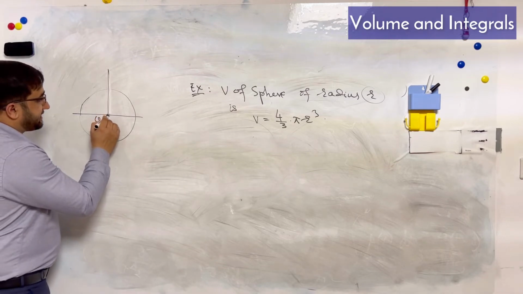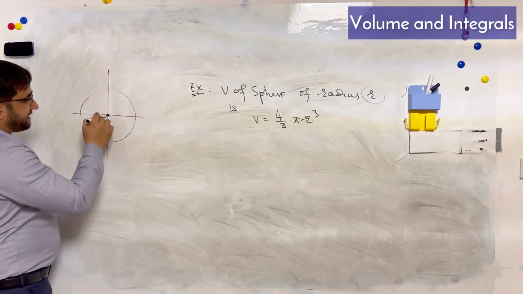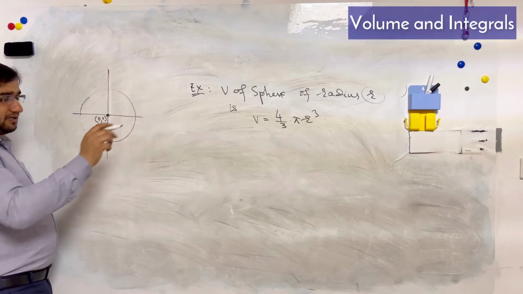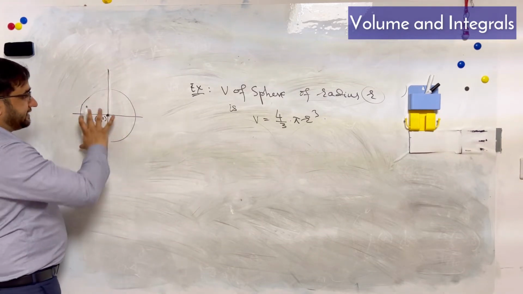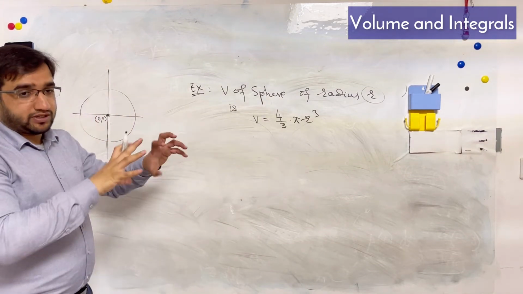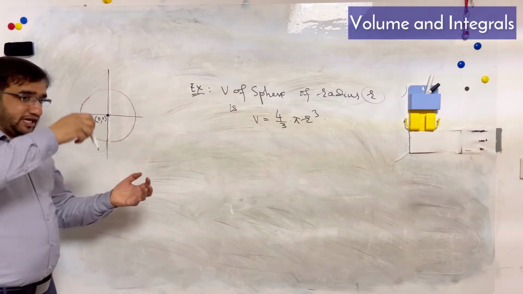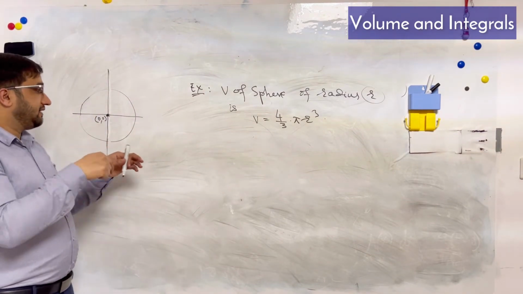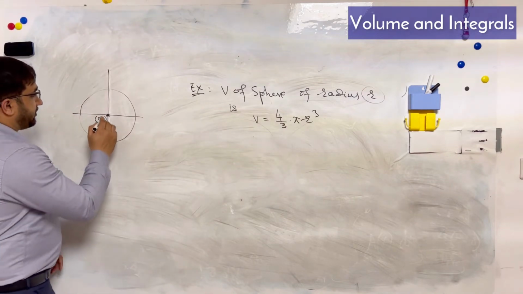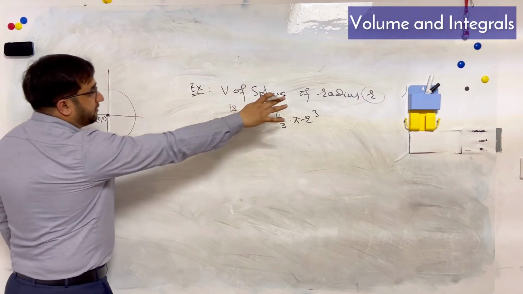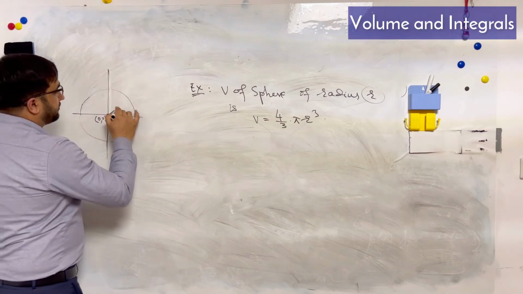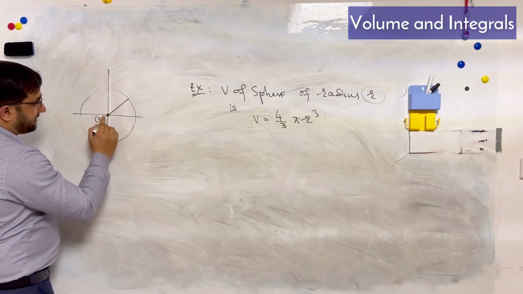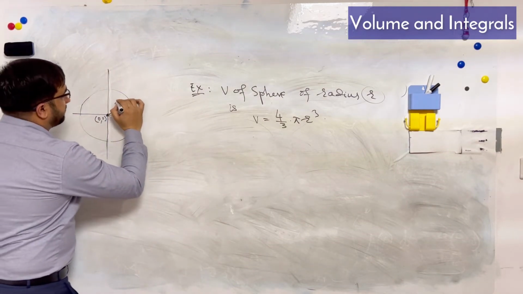This is the center of the ball, and the coordinate system crosses the center of the ball. Just assume like this. This is a whole ball, a circular shape, and in the middle of the ball you have crossed the vertical and horizontal axis lines. If this is the middle, then you know the radius is r. Anywhere you connect to the middle point, this length will be r.